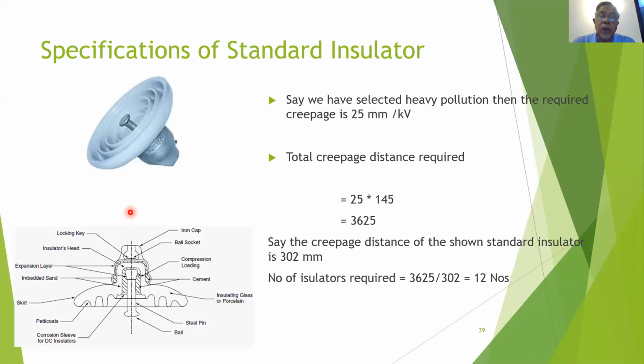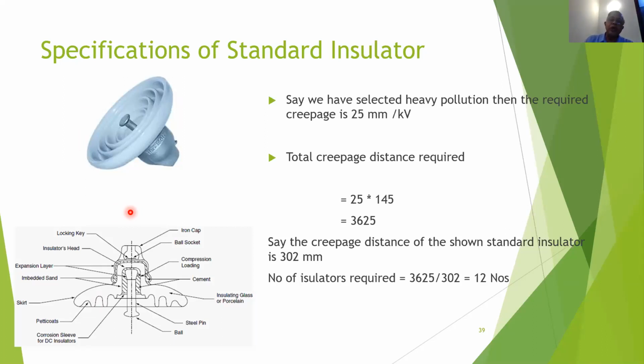So if you divide 3625 by 254, it would be somewhere around 14 or 15 insulators, right?